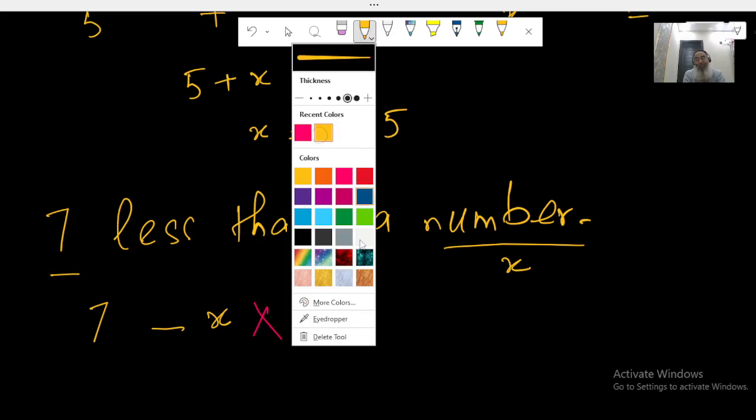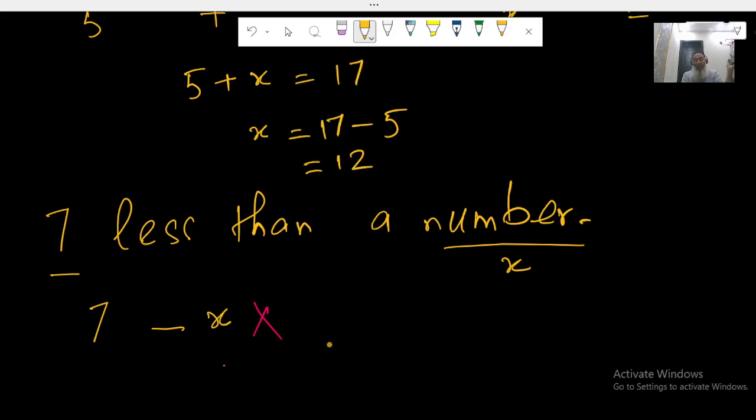What's correct? The correct way is to read the words in the reverse order. So if I start from the number first, 7 less than a number, right here the number x, and then 7 less than a number means that number is 7 less than x, so it's x minus 7.